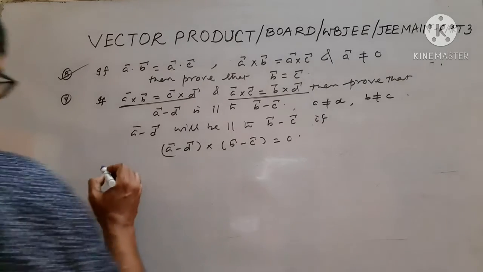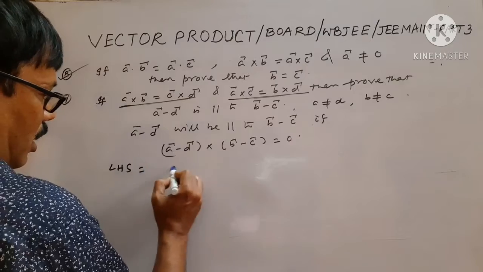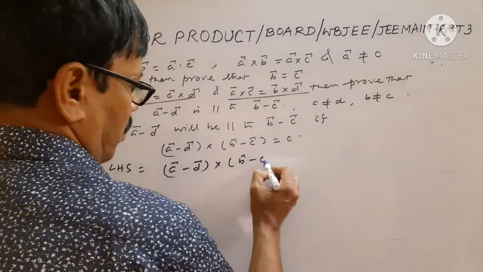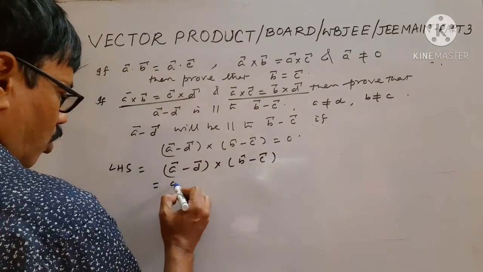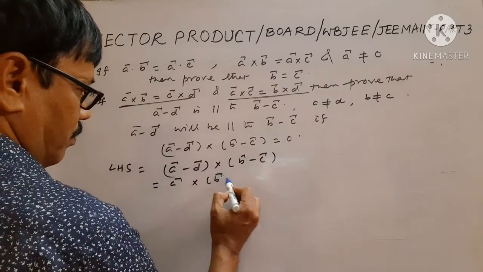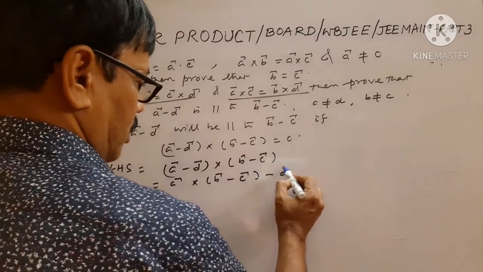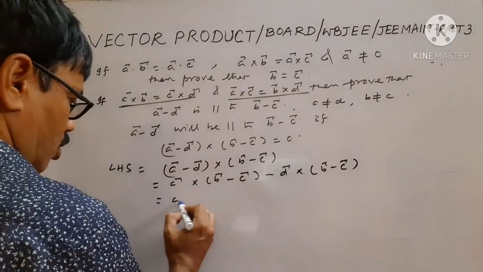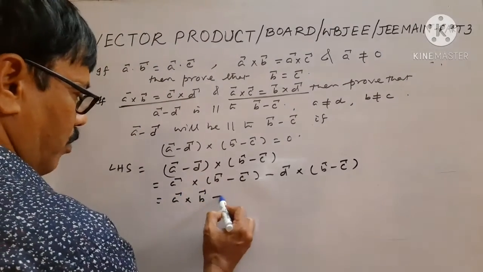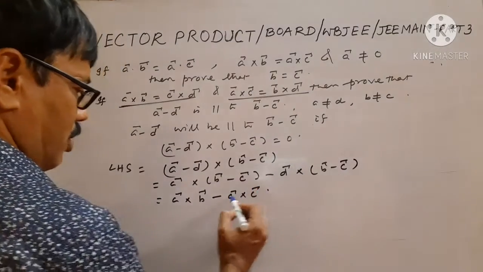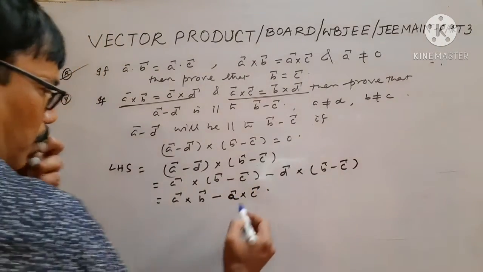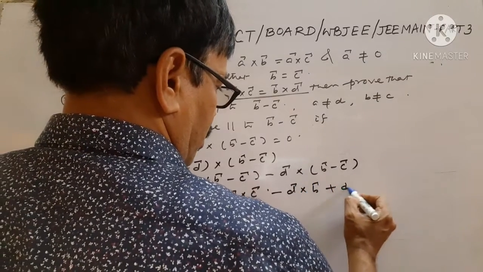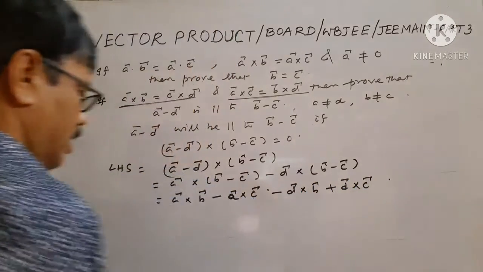Now, LHS. A minus D cross B minus C. So, cross product is distributed. A cross B minus A cross C, again distributive law, minus D cross B plus D cross C, again distributed.